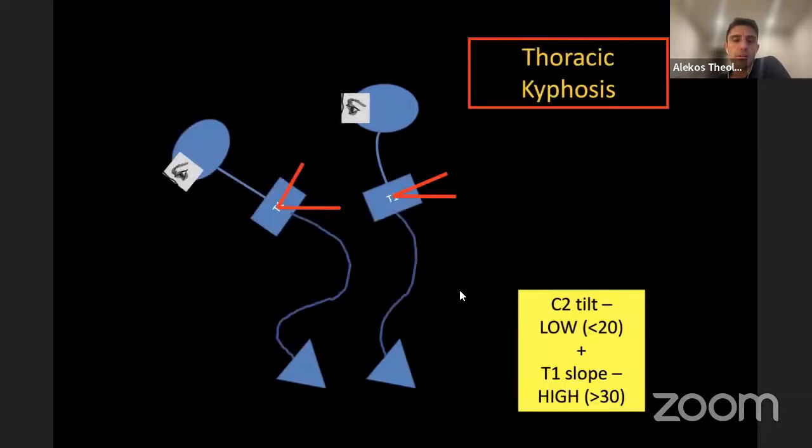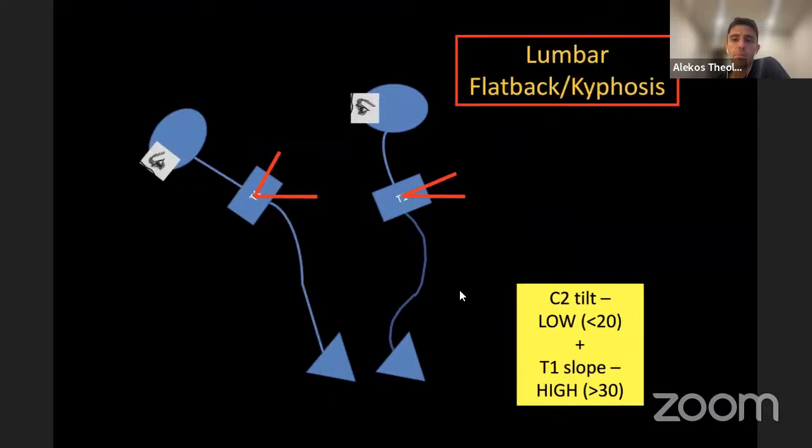This is in reverse to those patients who have a thoracic kyphosis or a thoracolumbar kyphosis or lumbar kyphosis, where they have a high T1 slope and their compensation is hyperextension of the subaxial cervical spine. So they'll have a low C2 tilt, and then they'll have a high T1 slope.